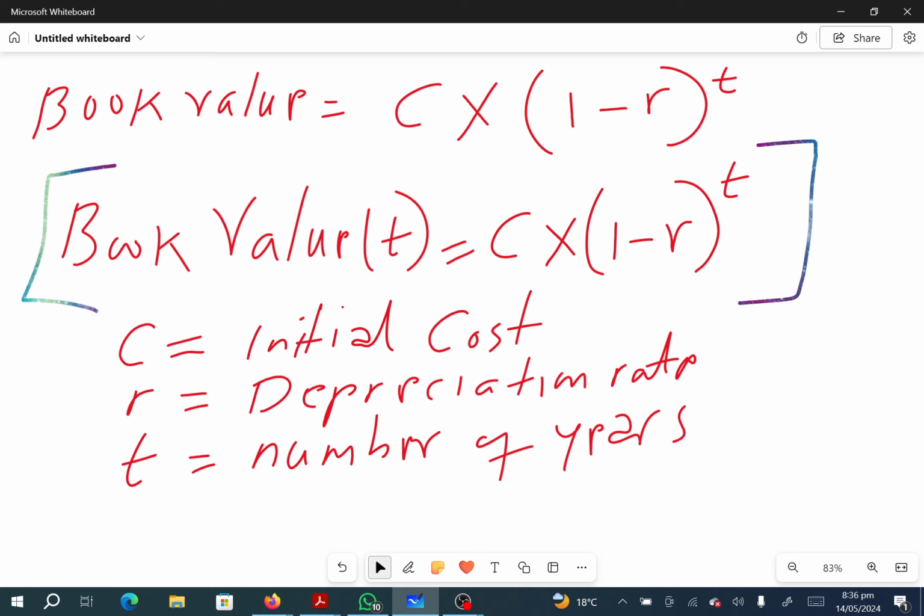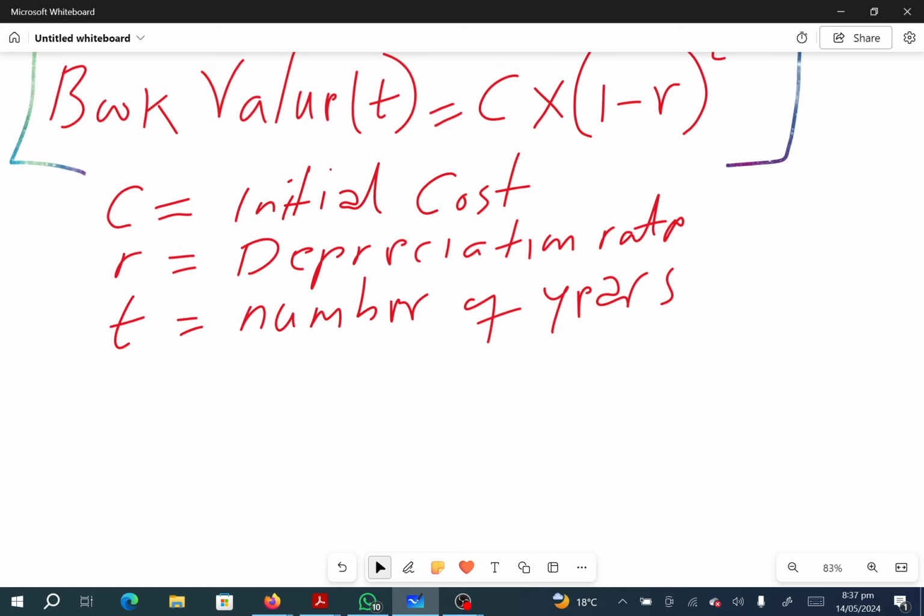Therefore we can now compute our question using the formula above.